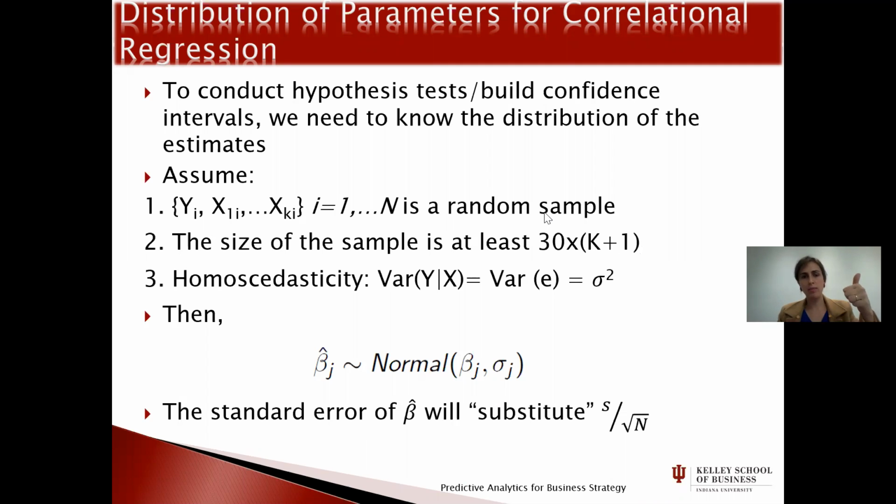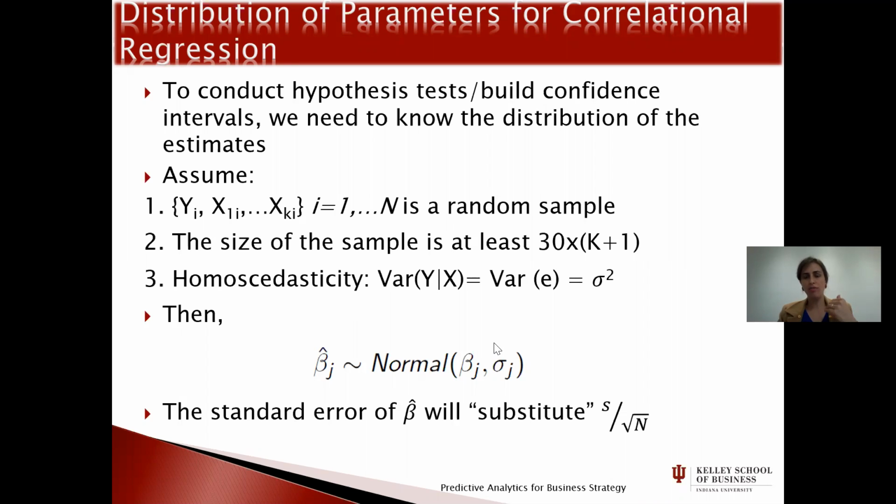So we need random, we need large, and we're going to add another assumption that we call homoscedasticity. Homo means same, and scedasticity means variation. We're going to ask that the variance of our error, of our residual, is constant. This assumption is not necessary for consistency, but it just facilitates the calculation of that distribution.